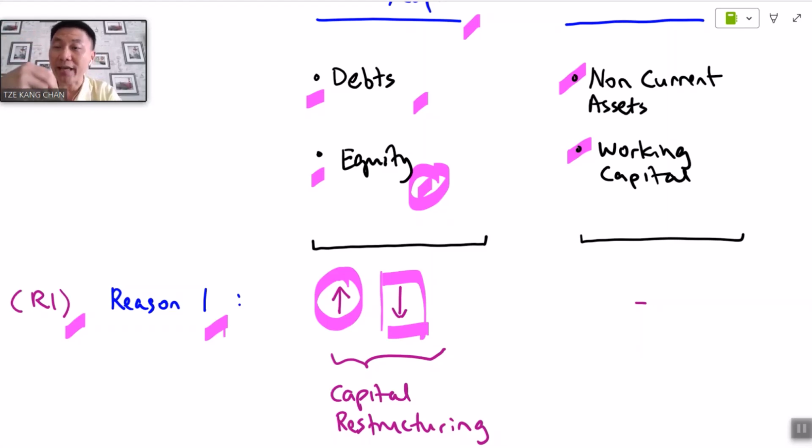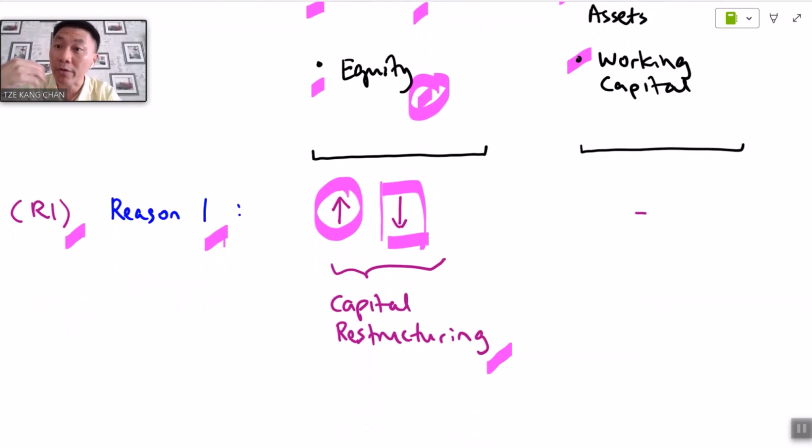Such a change in the mixture or composition of long-term financing is generally termed a capital restructuring exercise. A very common example under R1 would be raising additional equity financing via rights issue or private placing in order to pay off loan notes or bonds that are falling due. That is one of the typical examples under R1.